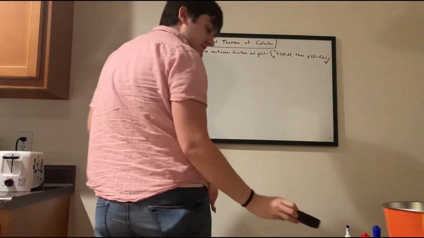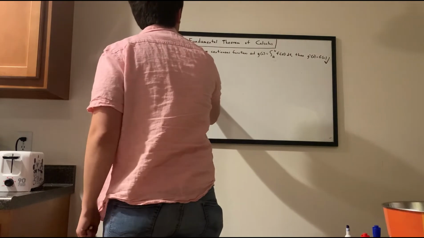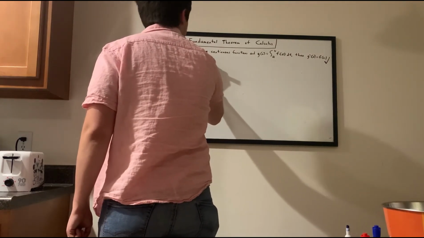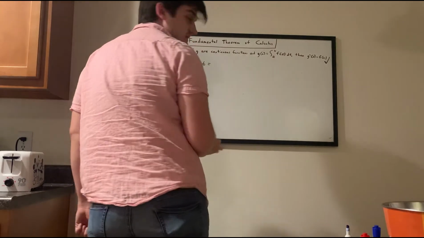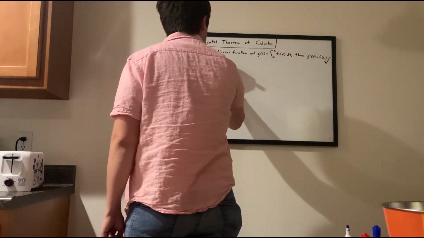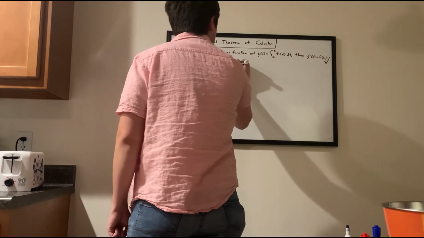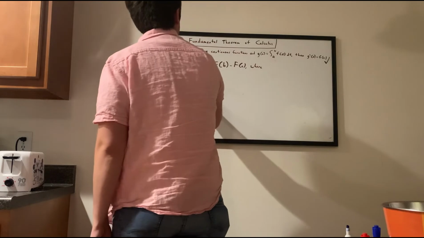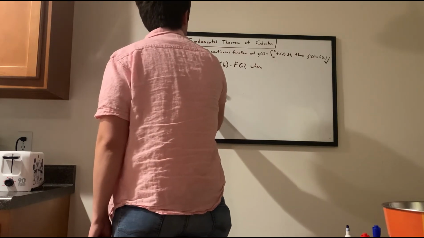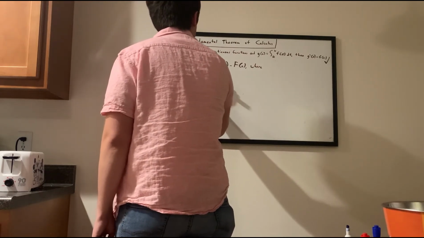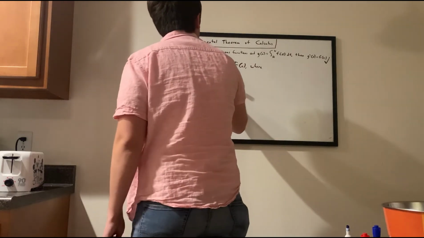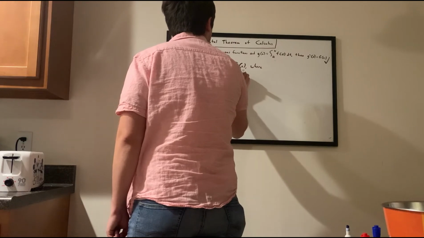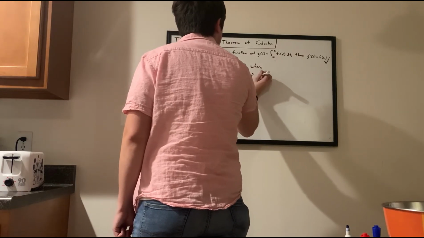It simply tells us that the integral from a to b of f of t dt, or f of x dx, depending, is the same thing as F of b minus F of a, where big F is any antiderivative of f.